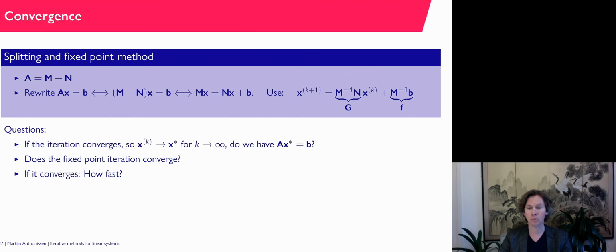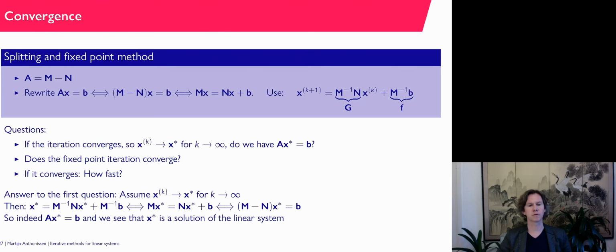Is x star, so the limit of my vectors, a solution of the linear system? The second question, does this work? Will it converge? Under what conditions will this work? And then finally, if it converges, how many iteration steps do I need to take? How fast does it go? How many steps? How fast does the error go down? Stuff like that.